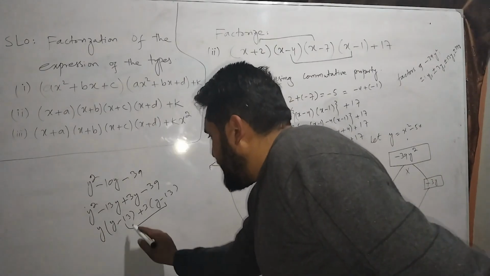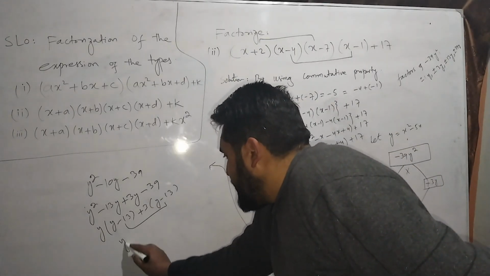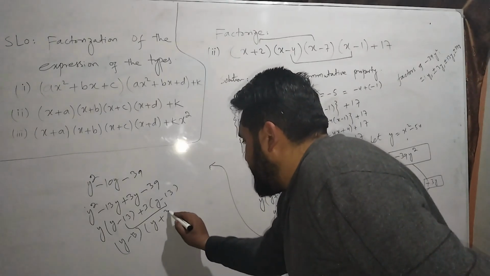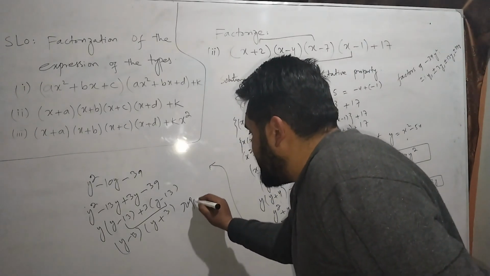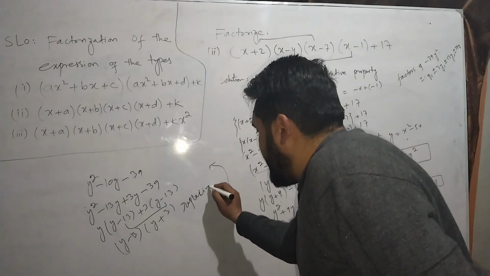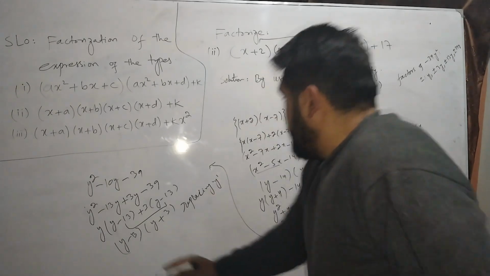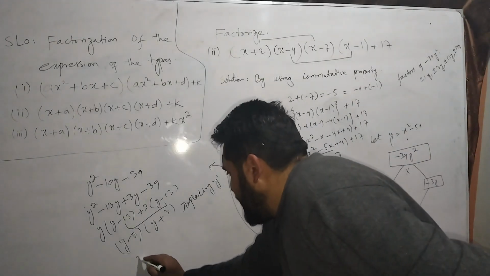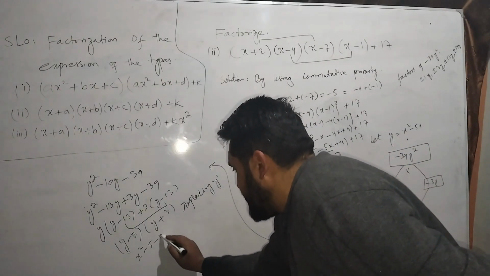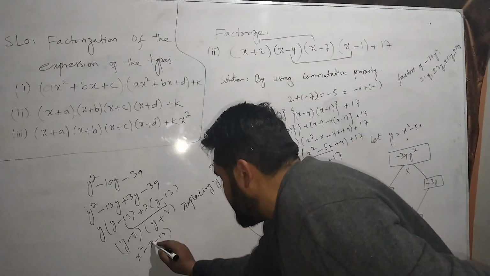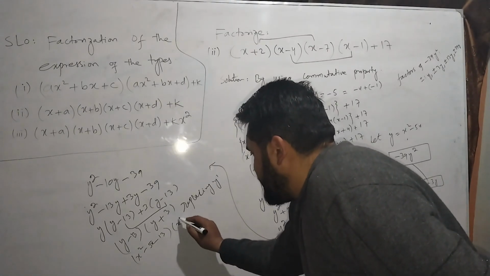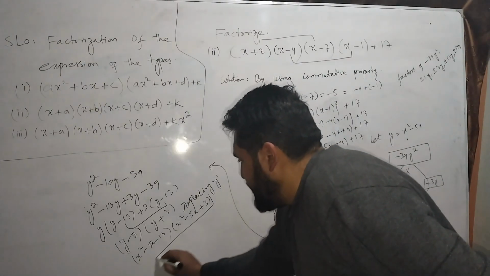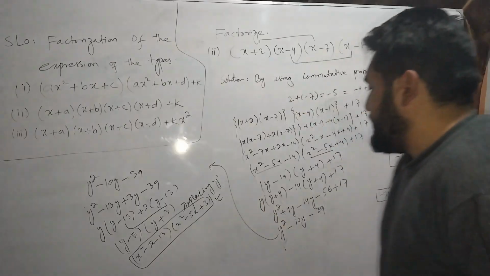Again these two are same, we again take common: y minus 13 into y plus 3. Now we just replace y. What is our y? Our y is x square minus 5x. So x square minus 5x minus 13 into x square minus 5x plus 3. So this is our final result.